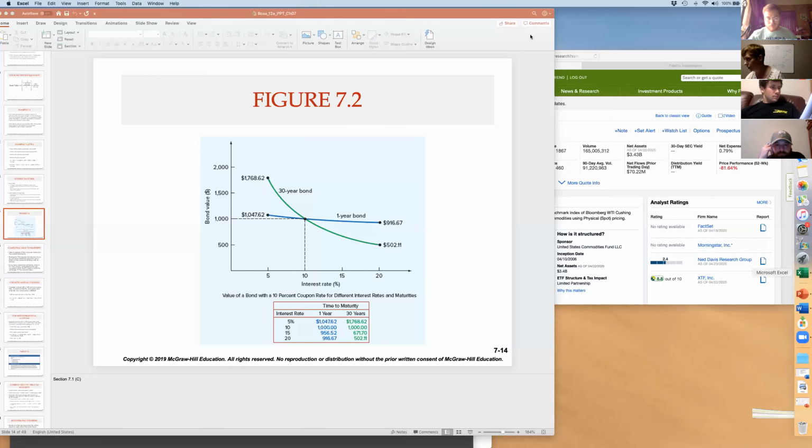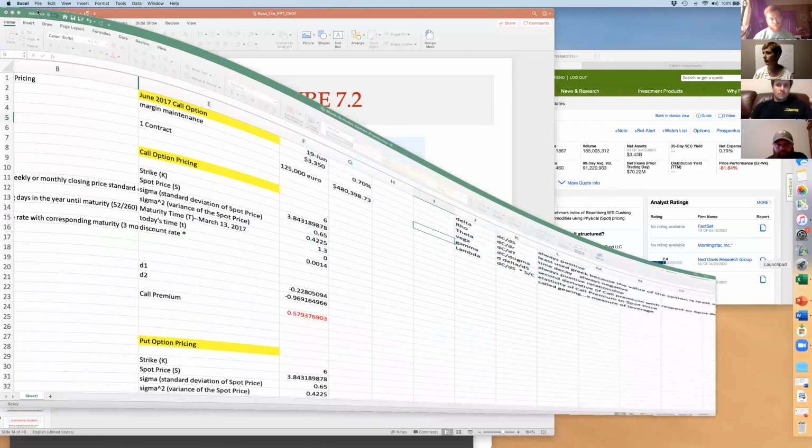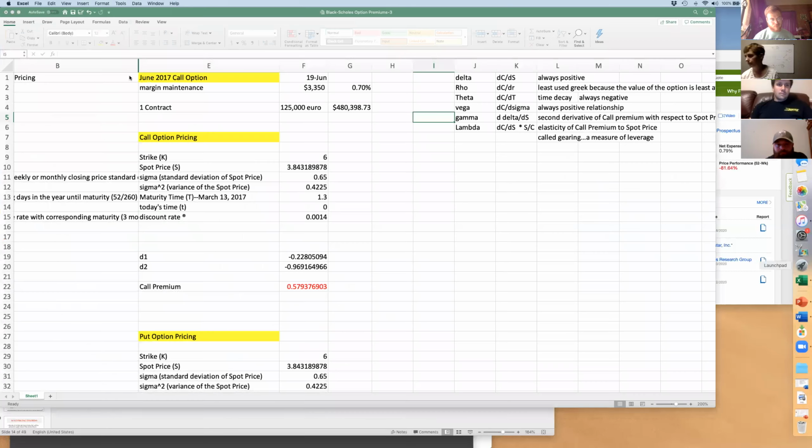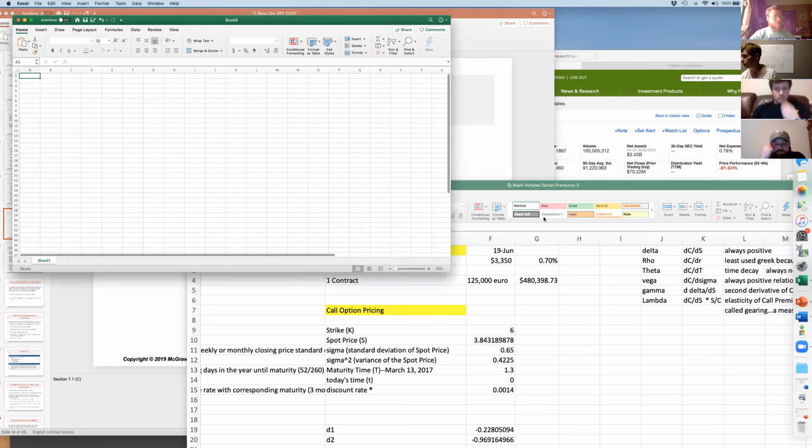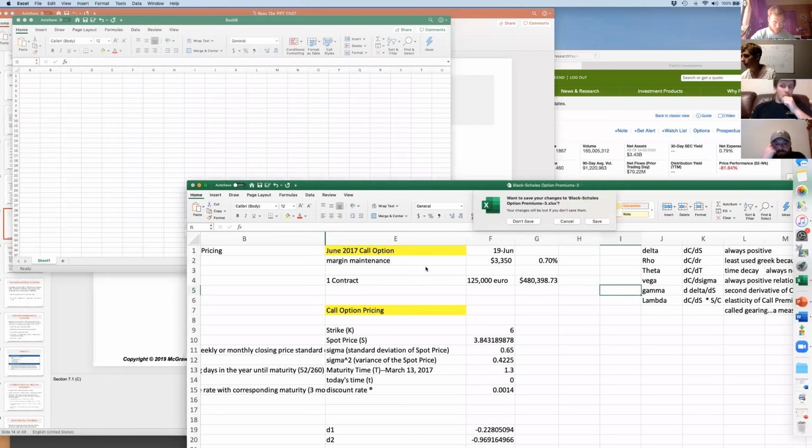Now, we can get Excel out to verify that. We should. Get us a new sheet so you don't have to look at call options. Okay, so I'm just going to put a list here.